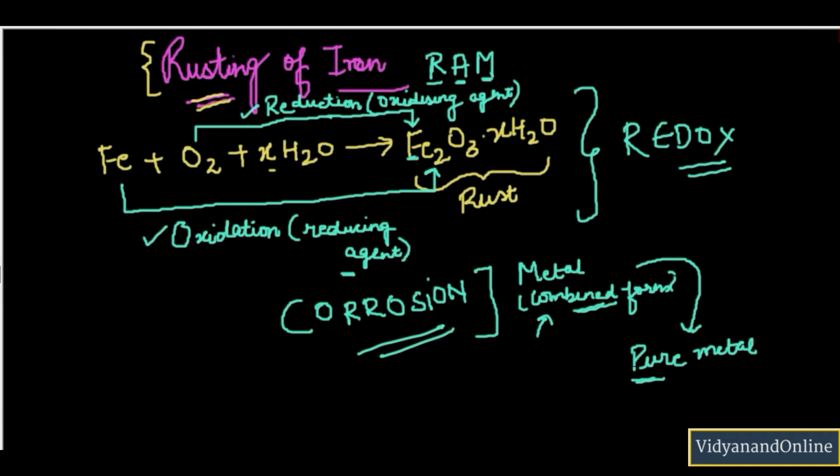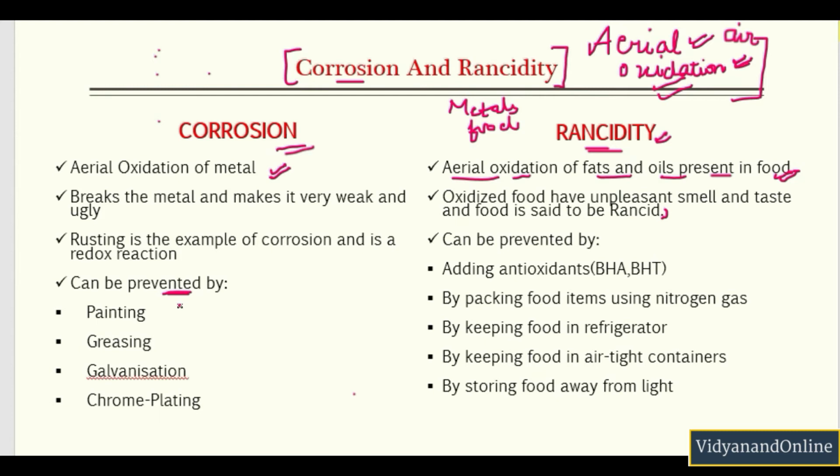So what happens is, it starts combining with the gases present in the environment, and when they react with them, we say that the metal is getting corroded. Actually the corroded metal is much more stable than the pure metal, and that is why we say that metal tends to corrode.